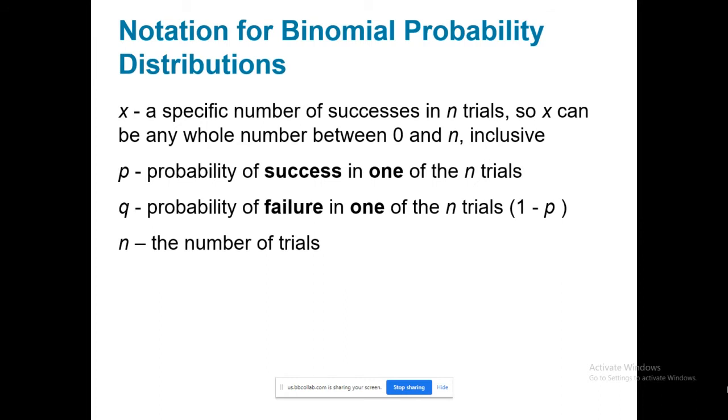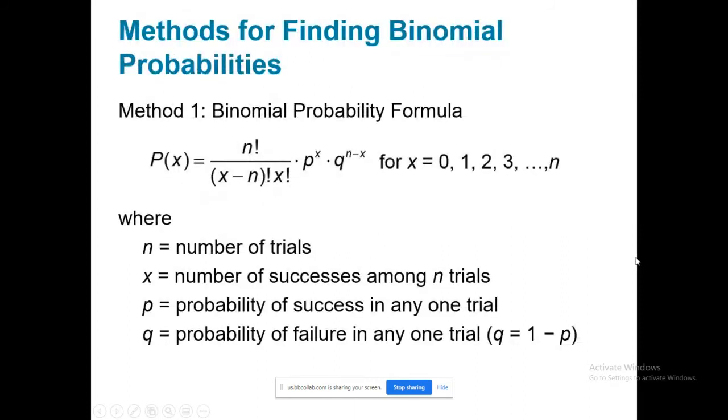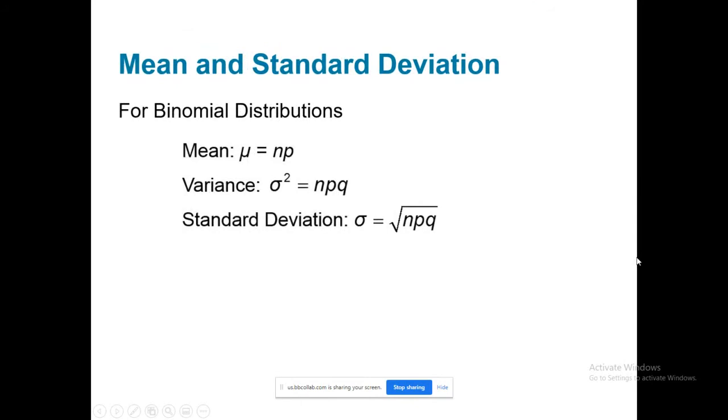Once we're given all four of these quantities, then we'll be able to determine some probability. We're actually going to look at an example in a second, but there's a lot of background for our binomial probability distribution.